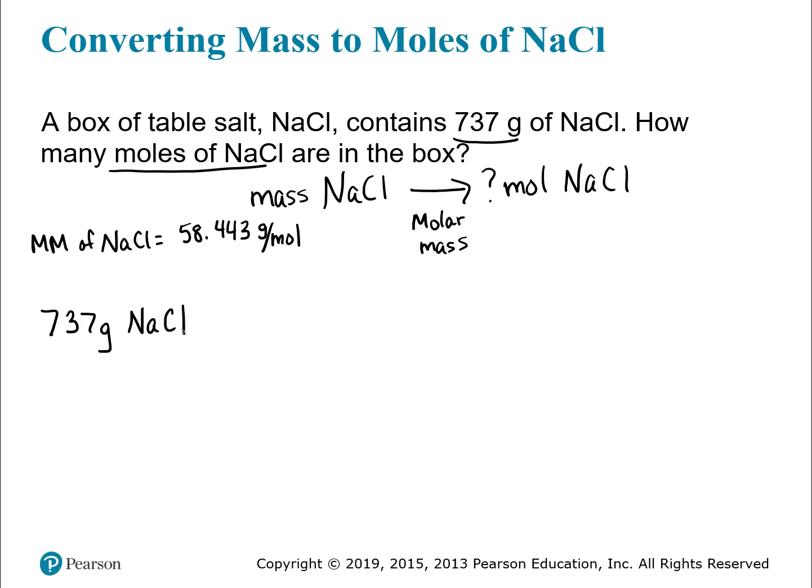We're starting with 737 grams of sodium chloride. We need to make a conversion factor to get from grams to moles. Where am I putting the grams? In the top or the bottom of the conversion factor? We're putting those grams in the bottom.